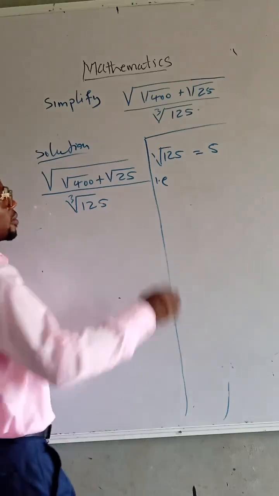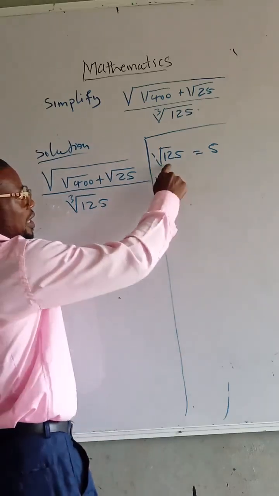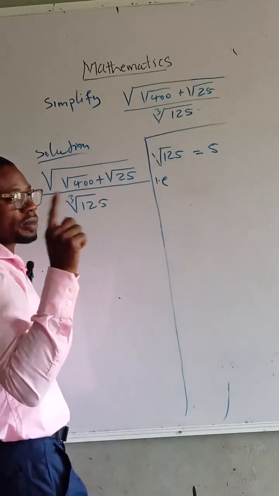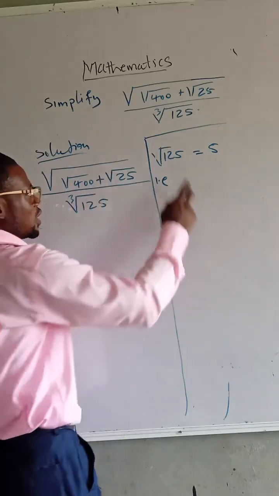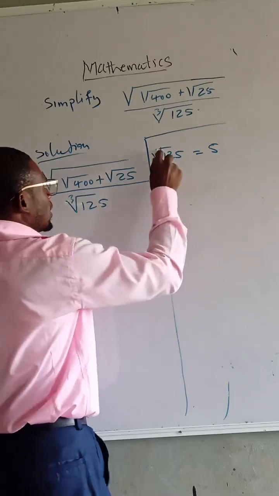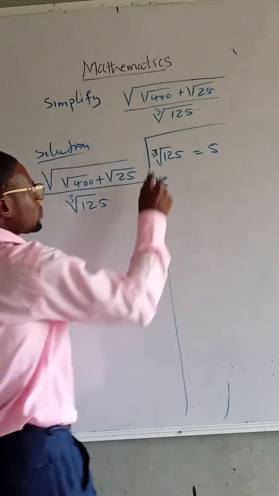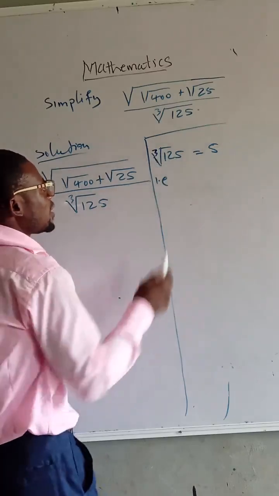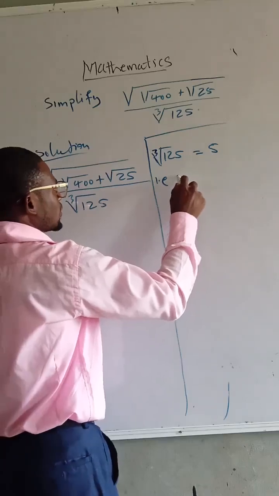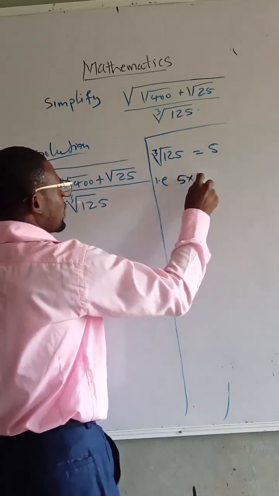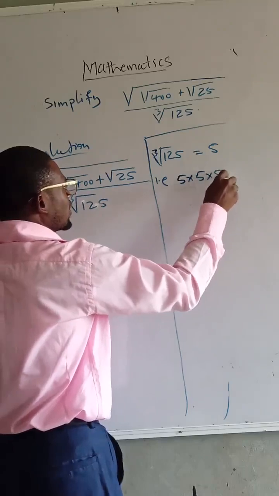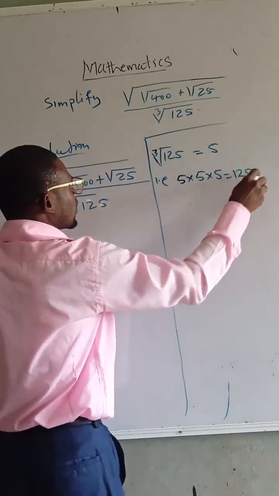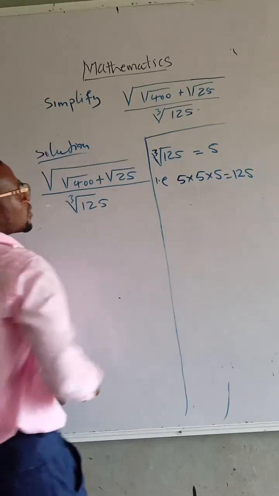Square root shows that the number must multiply itself 2 times to give you this. This time, we are dealing with cube root. Let me explain how we got 5. We are saying 5 multiplied by 5 multiplied by 5 equals 125.